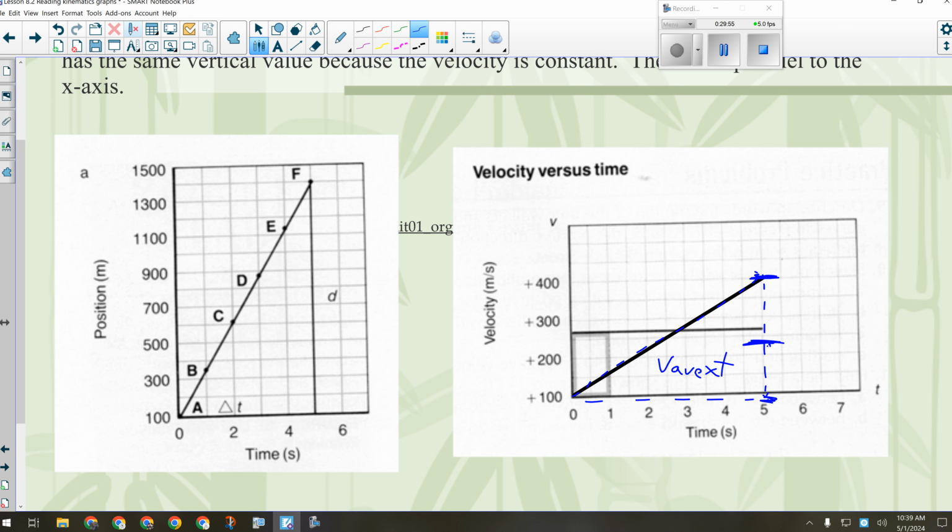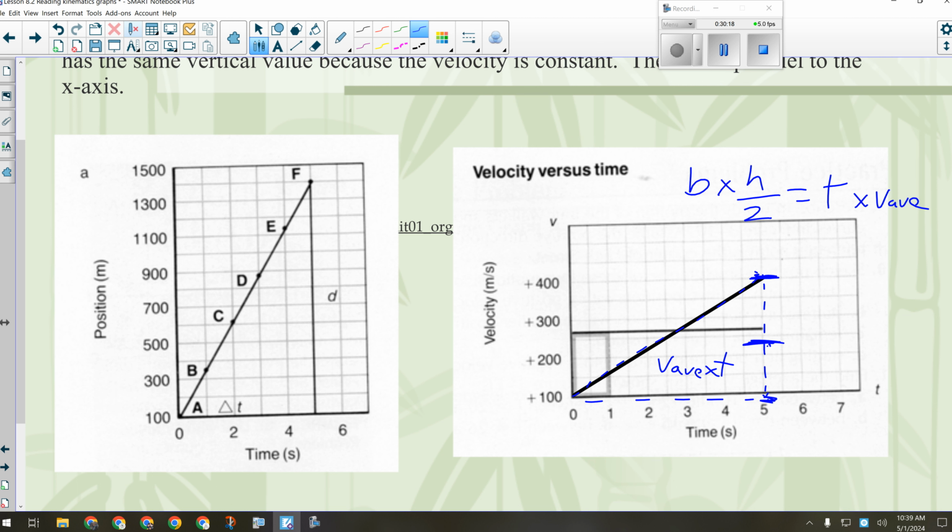And that's why going base times height divided by 2 is exactly doing this, time times average velocity. Still perfectly valid to do it that way. Everybody okay with that? So there's a little cheat here.